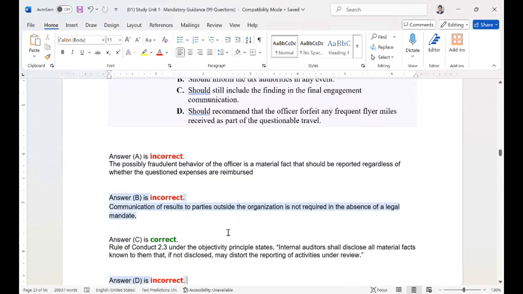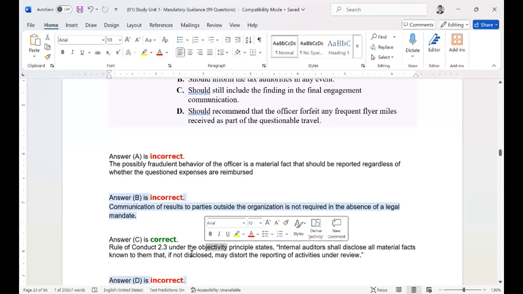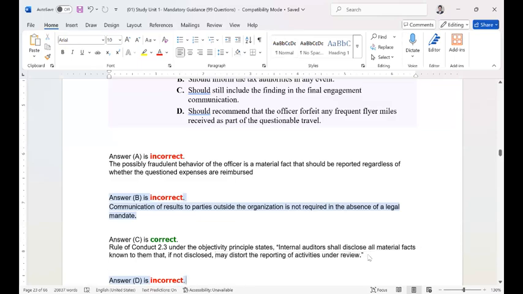Yeah, C. The objectivity principle says must disclose all material facts known to them that if not disclosed may distort the reporting of activities under review. Yeah, so it looks like C.